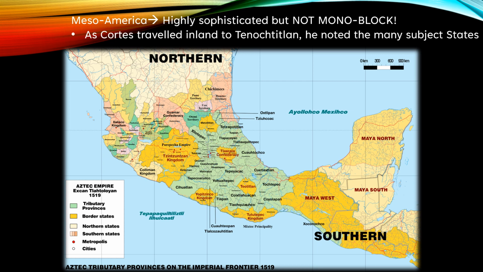Cortez is a European, and he has seen this sort of thing going on his entire life. That's what happens throughout all of Europe. And he tucks that little piece of information away. Here is a subject people. They're being governed rather harshly by this one tribe called the Aztecs, and they're unhappy.